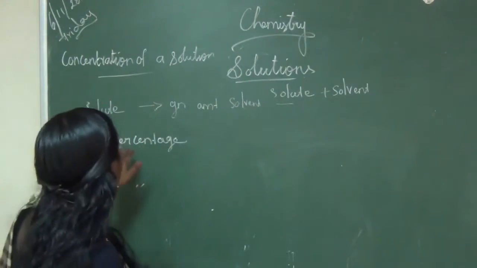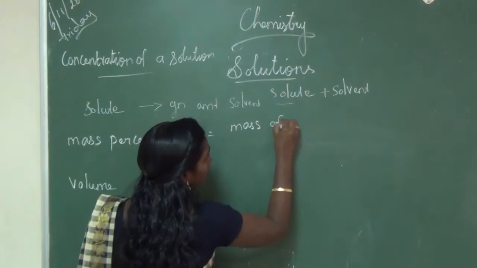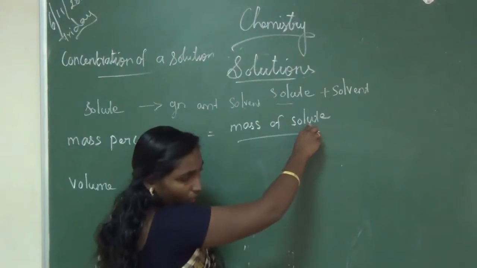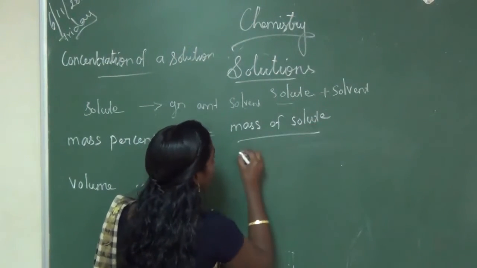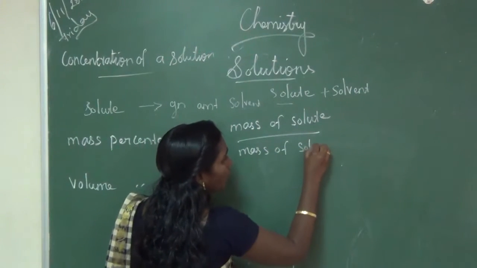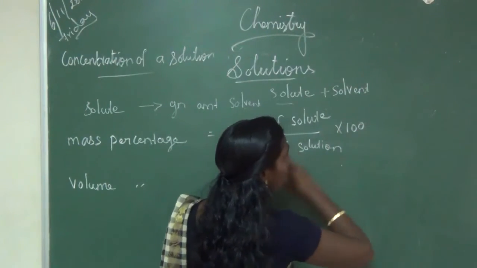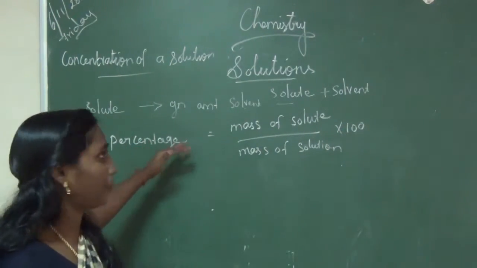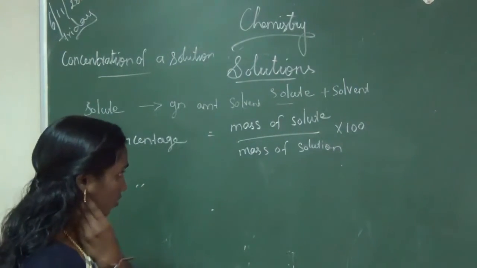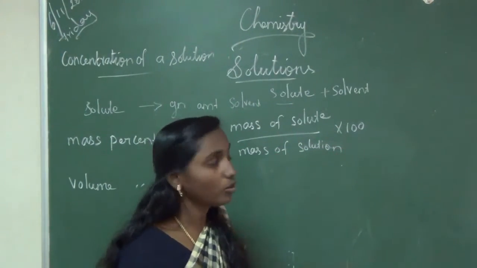Mass percentage is equal to mass of solute divided by mass of solution into 100. This is the formula of mass percentage. So what is the mass percentage formula? Mass percentage is equal to mass of solute divided by mass of solution into 100.